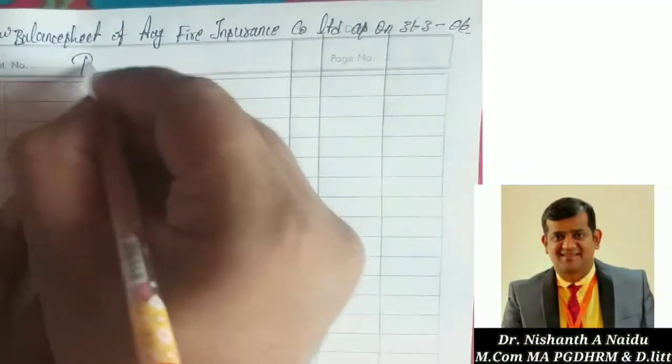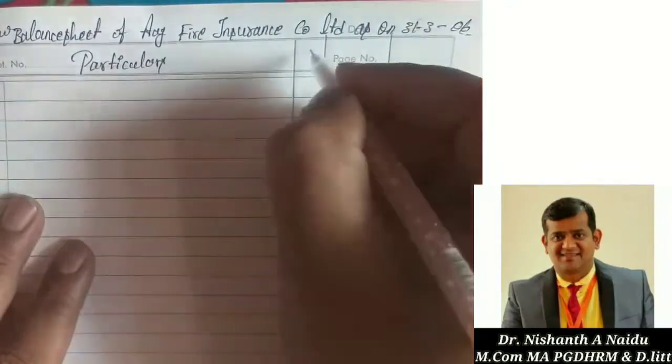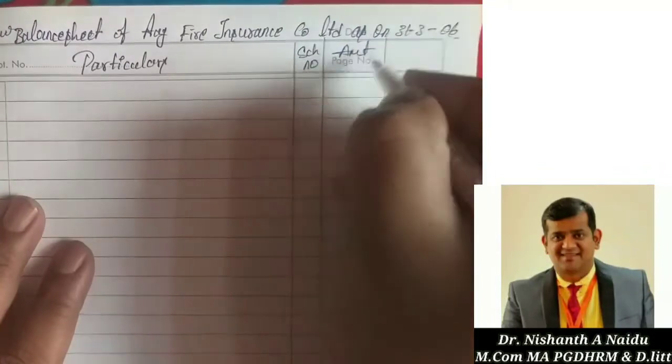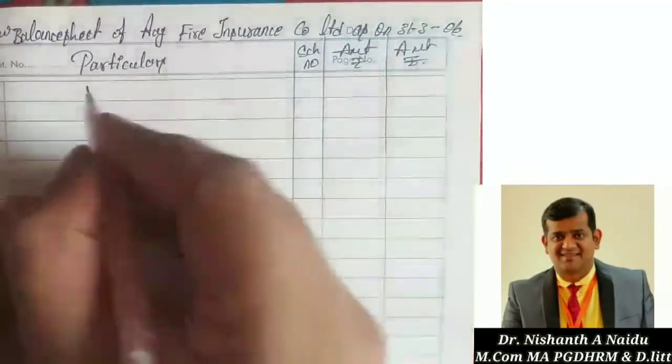Here we write the headings: particulars, schedule number, amount rupees, amount rupees.